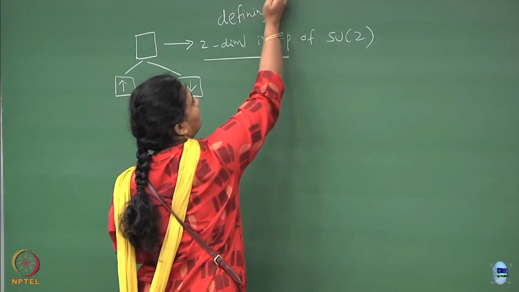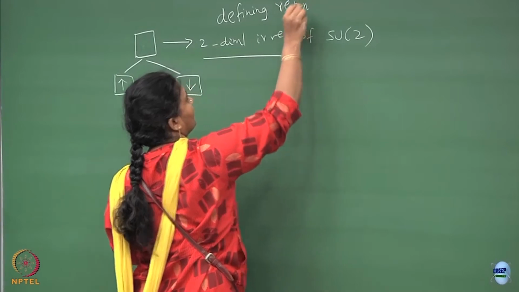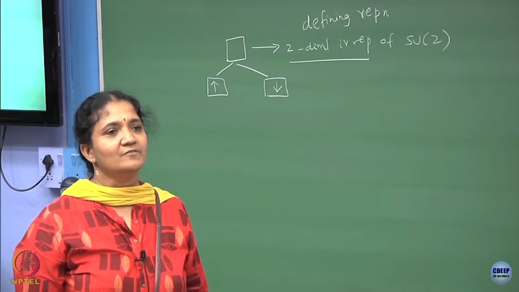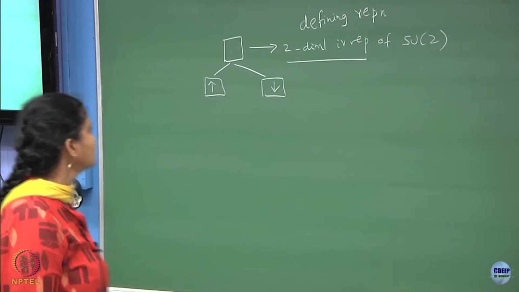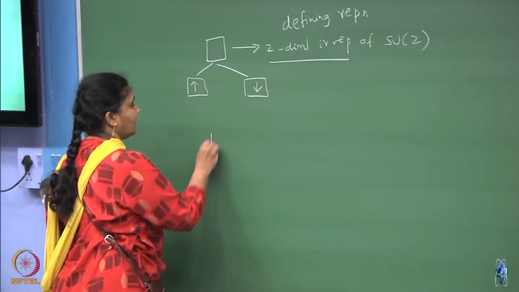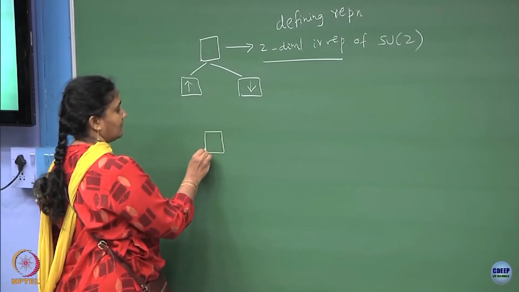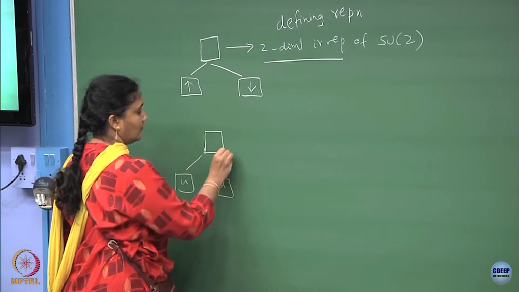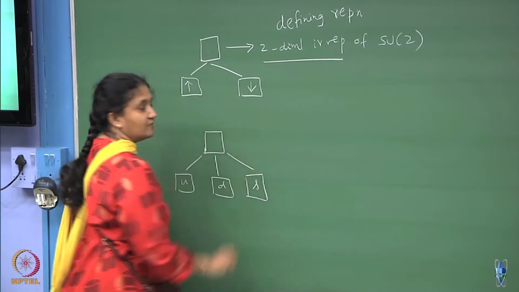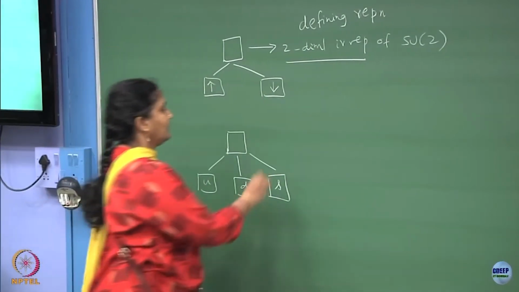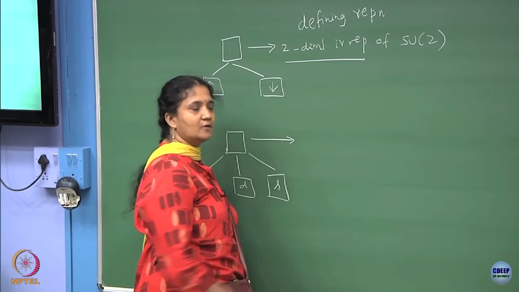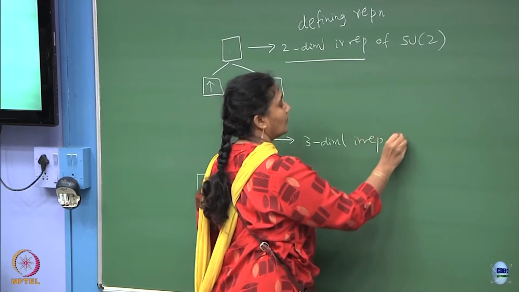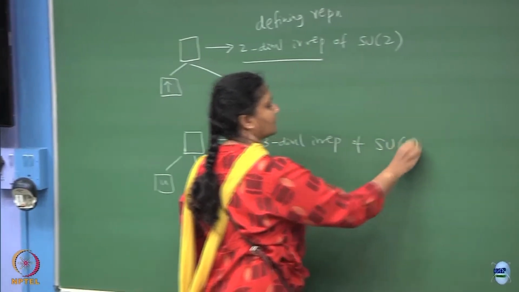The lowest non-trivial irreducible representation of SU2 is 2-dimensional. If you go to SU3, this can have inside an up, a down and a strange. So, that is why we call this diagram to denote a 3-dimensional irrep of SU3.